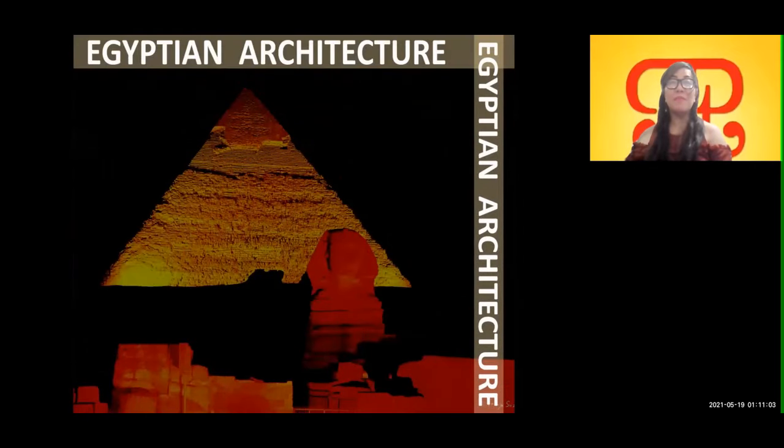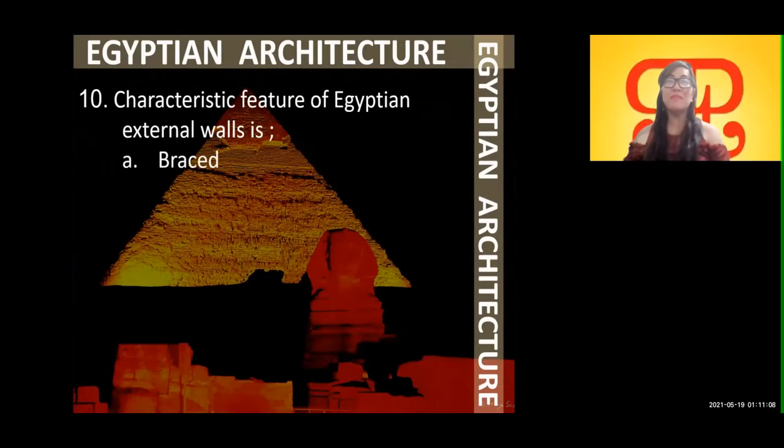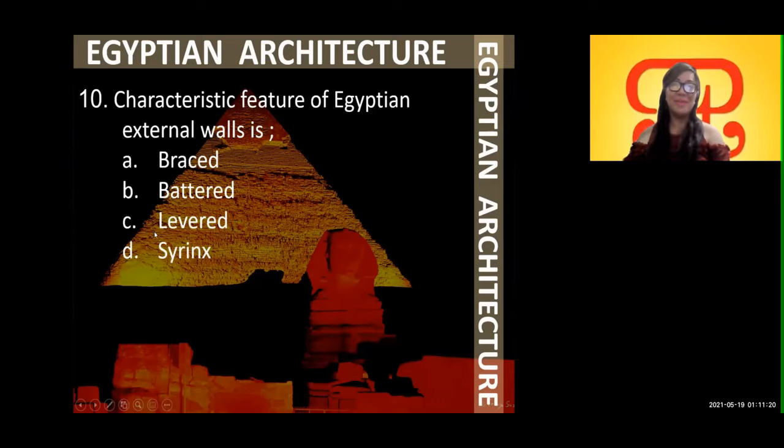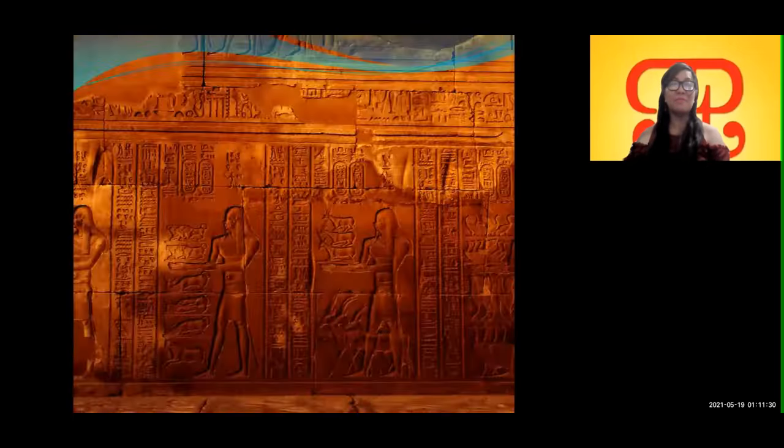Next is we have number 10. Characteristic feature of an Egyptian external walls is it A, braced? Is it B, buttered? Is it C, levered? Or is it D, syrinx? So the answer here is, yes, it's buttered. Next, number 11.